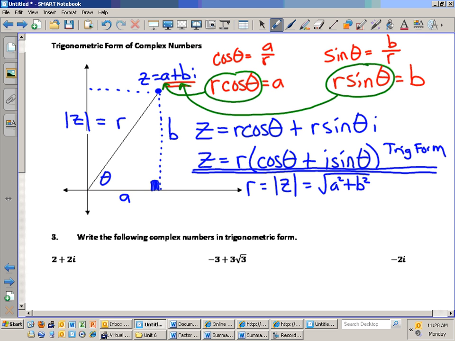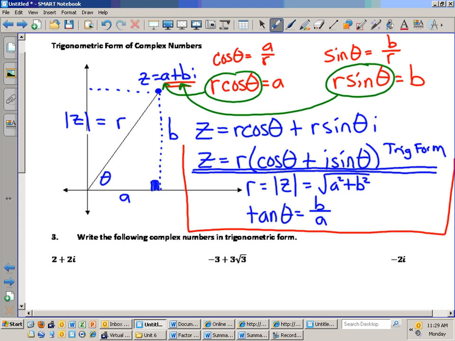And I need to find theta. Well, you could write a number of things to satisfy theta. We'll use this one. We'll say tangent of theta is equal to b divided by a.